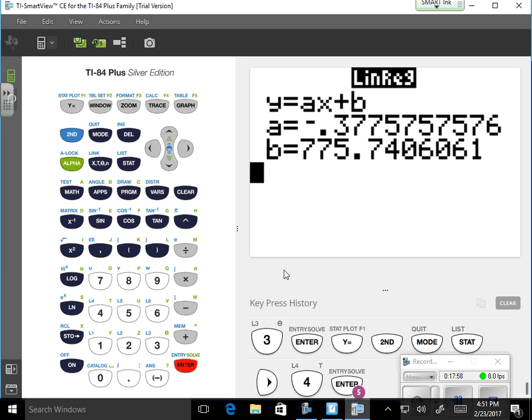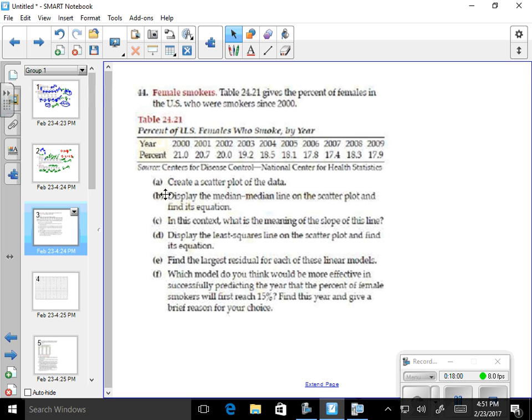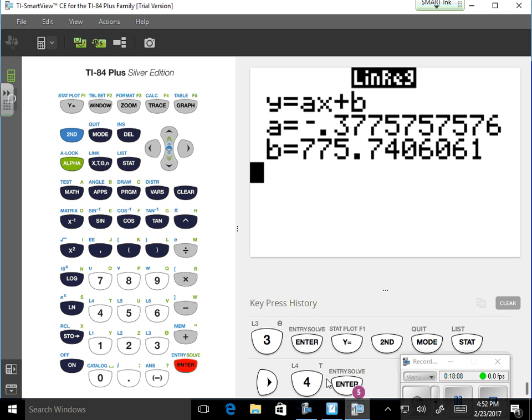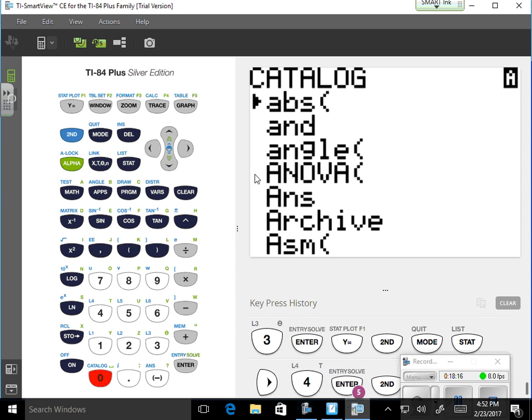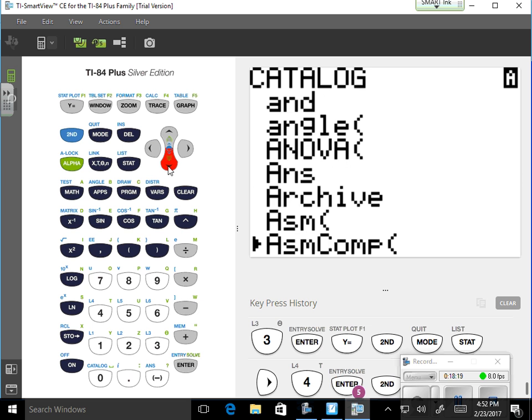All right. So the largest residual for each of the linear models, if we turn the diagnostics on, if we go to second 0 for catalog, and go down to diagnostics.